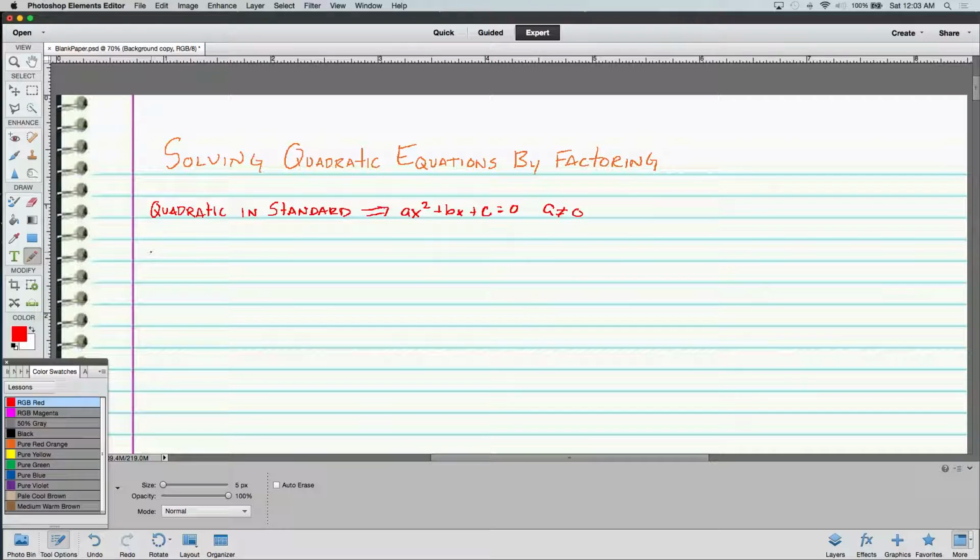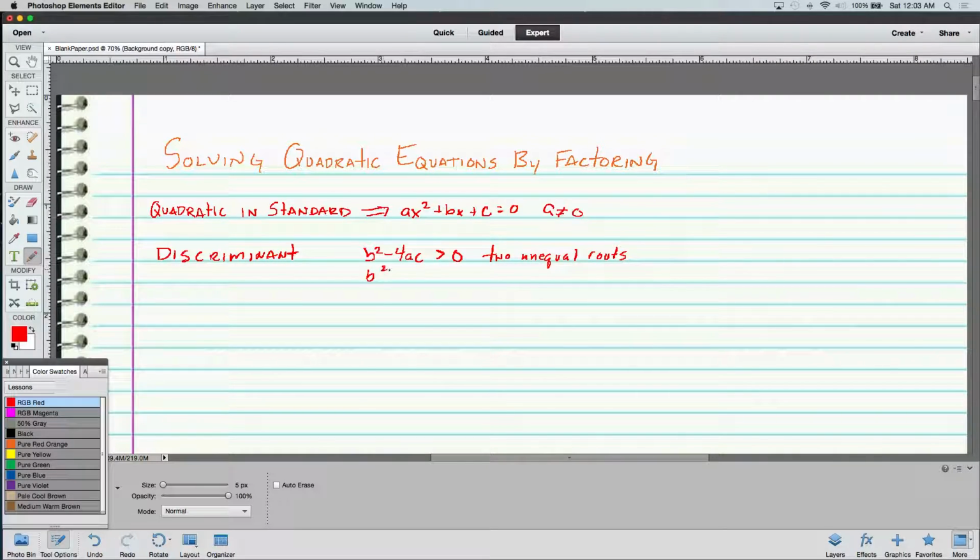The next thing I want to be sure that we know before we start is the discriminant. You'll find the discriminant in the quadratic formula, what is underneath the square root, and that is the b squared minus 4ac. When we have our quadratics in standard form, if b squared minus 4ac is greater than 0, we're going to get two unequal roots.